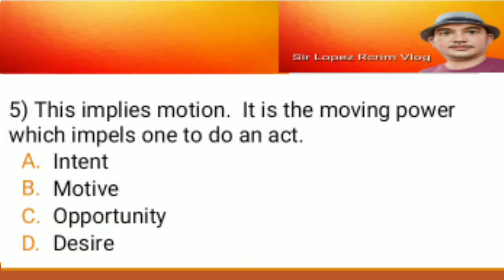This implies motion. It is the moving power which impels one to do an act. Letter A, intent. Letter B, motive. Letter C, opportunity. Or letter D, desire. Okay, the correct answer here is motive. And that is the moving power which impels one to do an act.